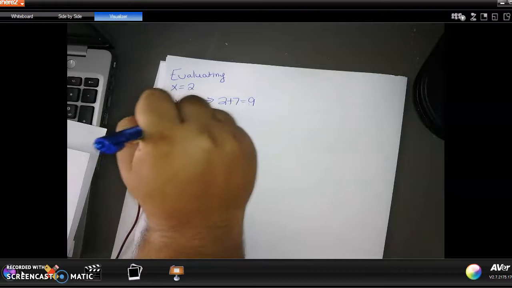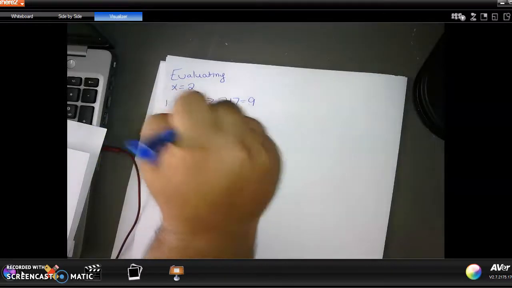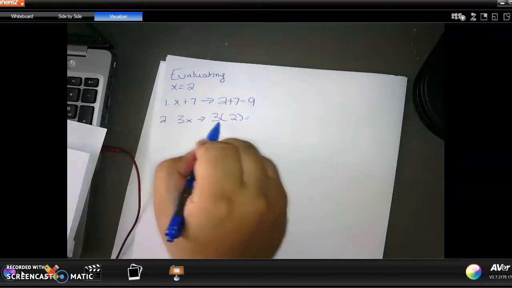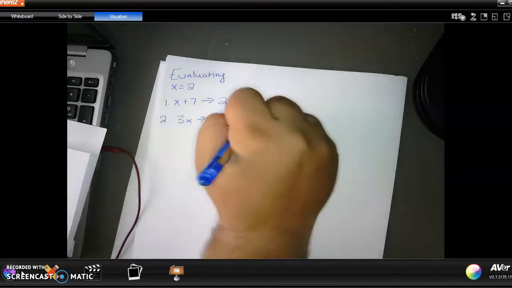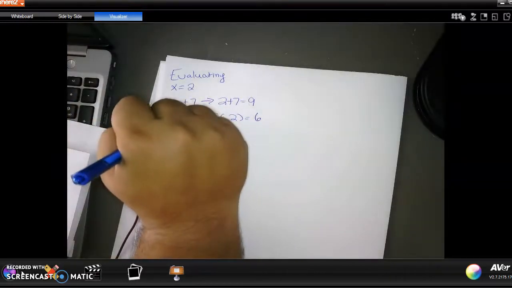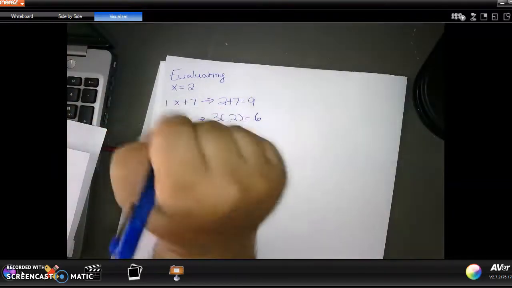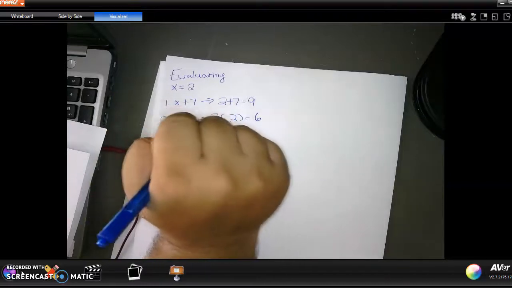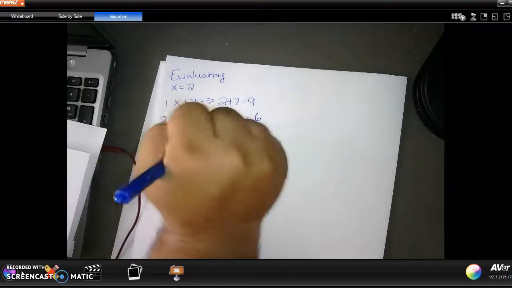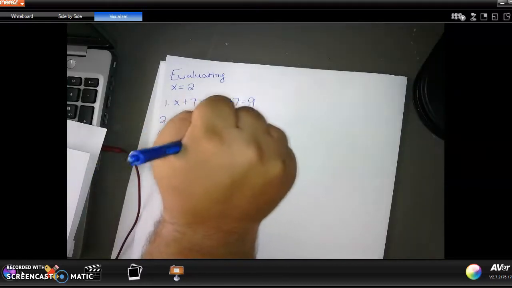Alright, let's look at the next one. I had 3x. So all I'm doing is replacing x with 2, and I have 3 times 2 is 6. Alright, let's do one more. Let's do number 4 this time instead of number 3. I have 2x plus 1 plus 3x.